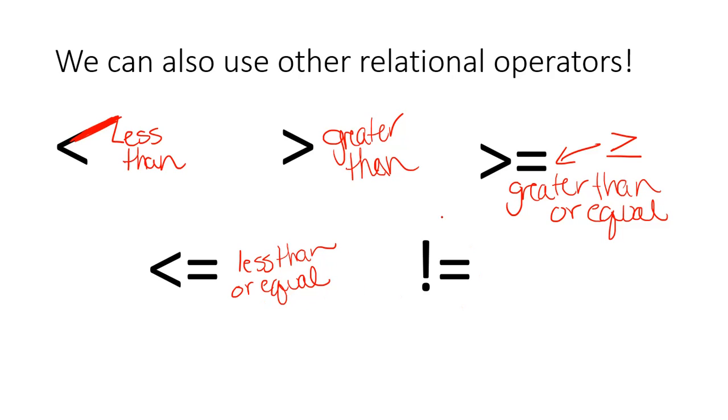And then the final one is kind of strange. It is what's known as not equal. If I want to see if these two things are not equal to one another, that is the one I would use. In regular math class, you may have seen this sign look like an equal sign with a cross through it.